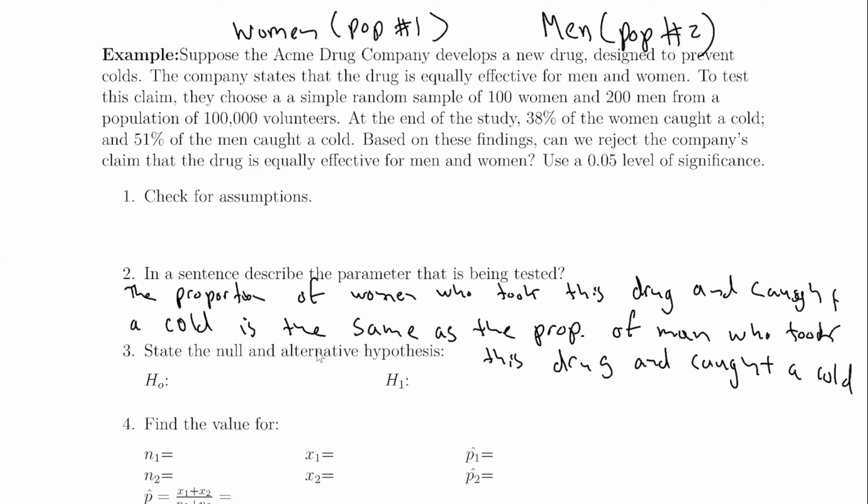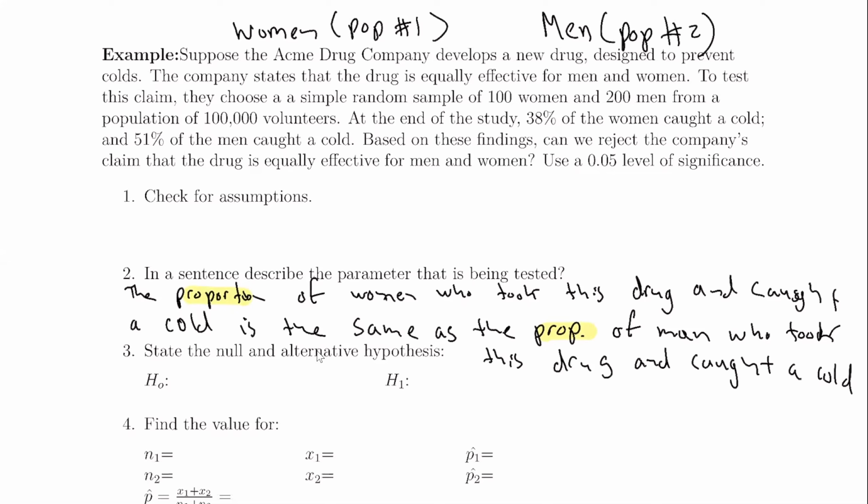So anytime you see n1, it is referring to women, and n2 is referring to men. You just always make sure you label them as 1 and 2. Everybody good with my sentence describing the parameter that we're testing? I know it's correct because I'm saying the word proportion, so I'm describing the parameter that we're testing.